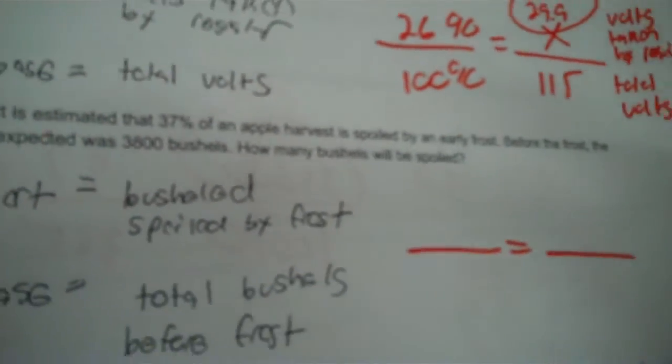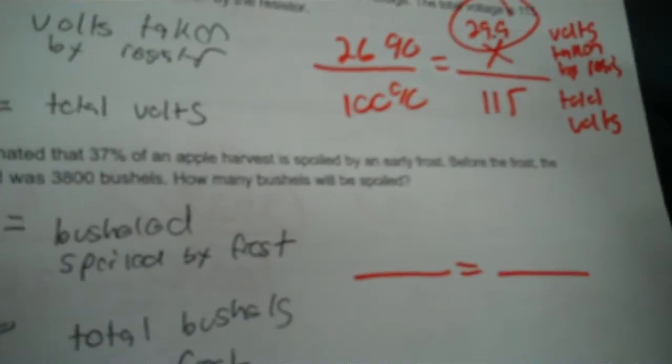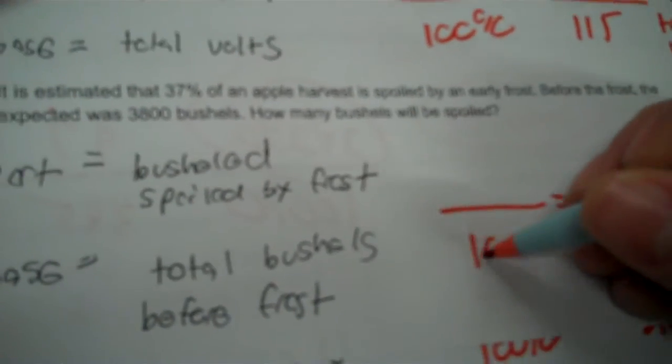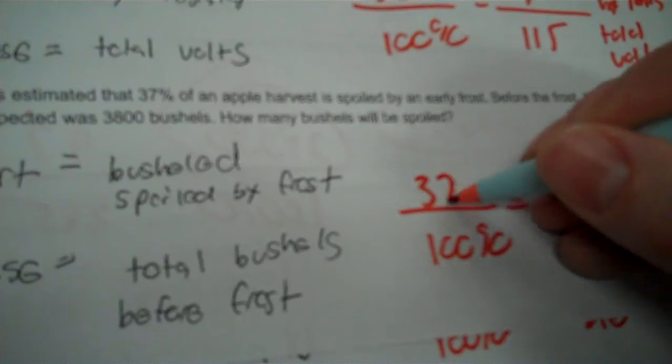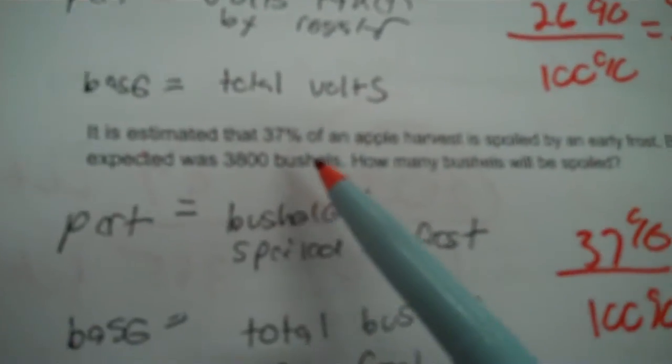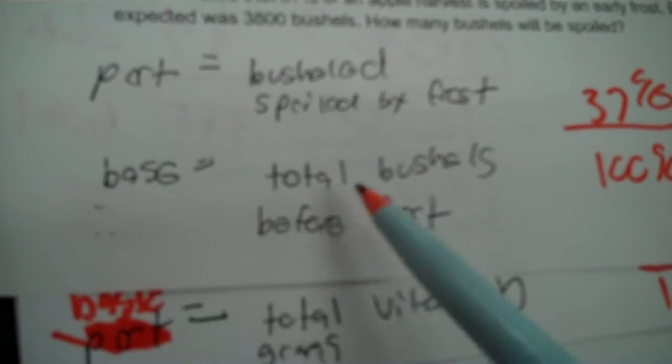Okay, it is estimated that 30% of an apple harvest is spoiled by an early frost. Before the frost, the expected was 3,800 bushels. How many bushels will be spoiled? You're not finding the percent, so that means the percent they must give us. It says of an apple harvest, the base is the total bushels before the frost.